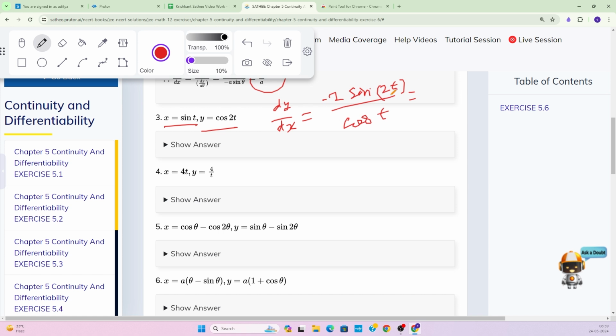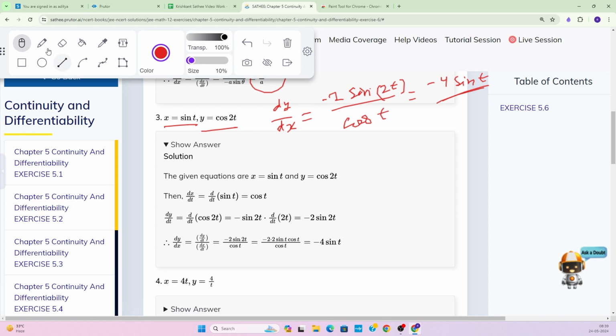Now sin 2t, you know, is 2 sin t cos t, so this will give you minus 4 sin t. So your final answer will be minus 4 sin t.